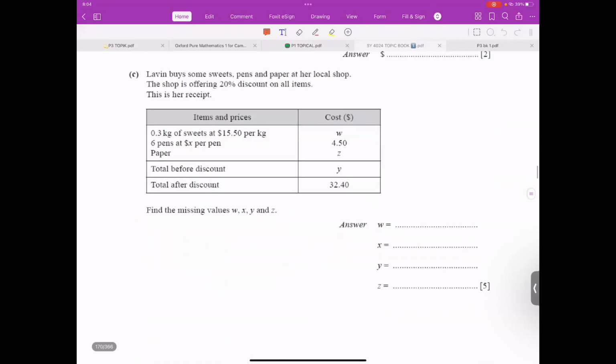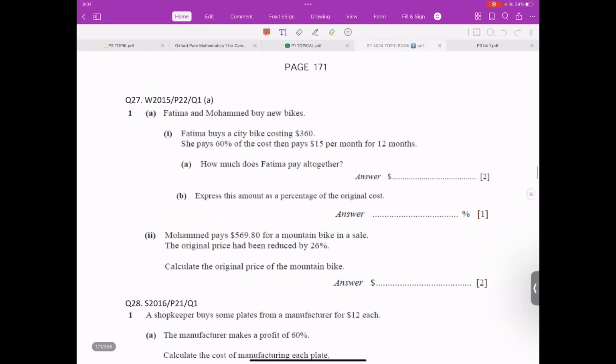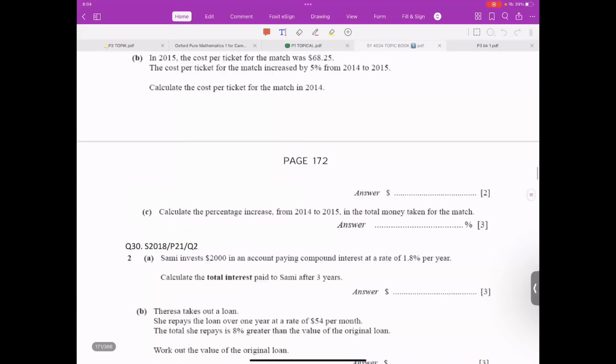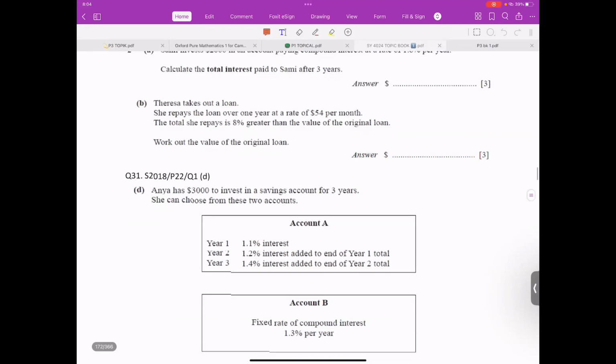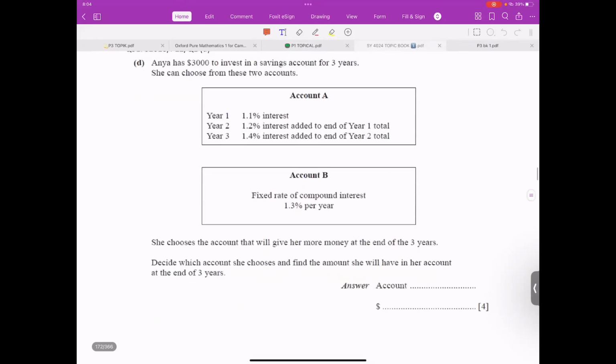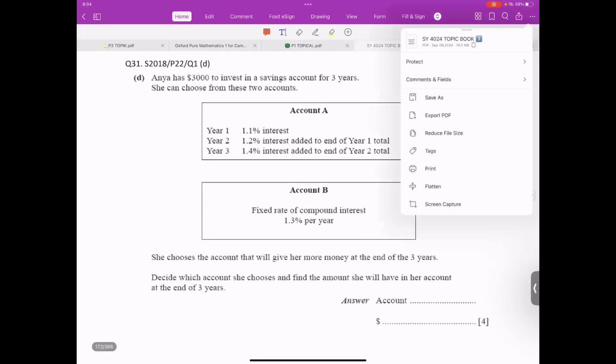Okay, I'm just looking for the question over here. Usually they are simple interest ones. Okay, now this is the one.